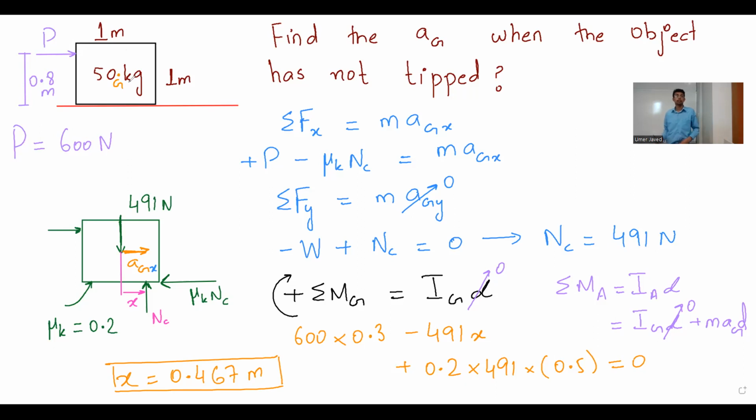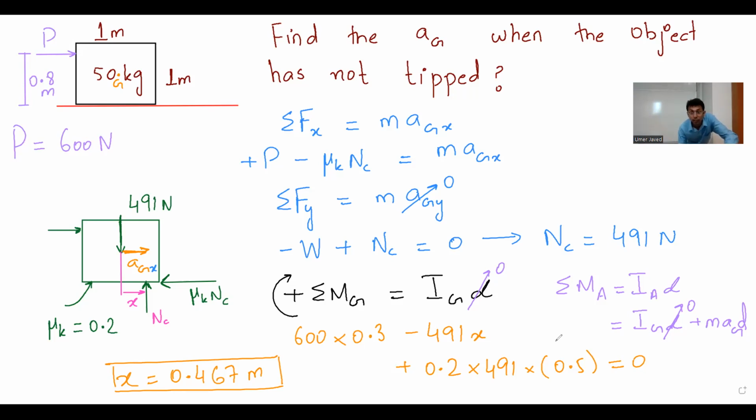Yes, Mirj. Why is the plus sign? It's going clockwise? Clockwise. I take clockwise as positive, but if you don't like it, take clockwise as negative, then the whole symbols, negative will become positive, positive will become negative. Your answer will still come out to be x equal to positive 0.467 meter.